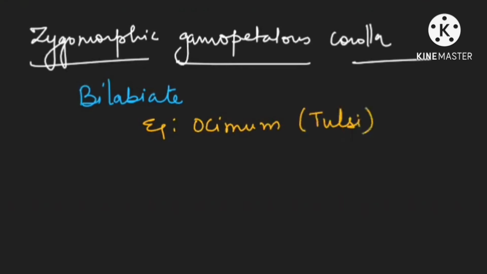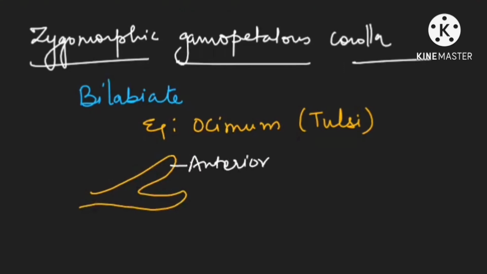In this you will find a bilipped corolla. This is the anterior lip, because bilabiate means two lips are there, and this is your posterior lip. So these are the different forms of corolla.